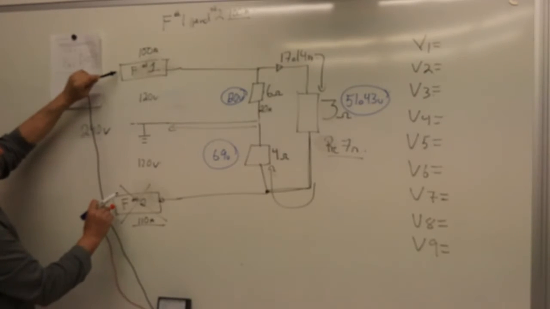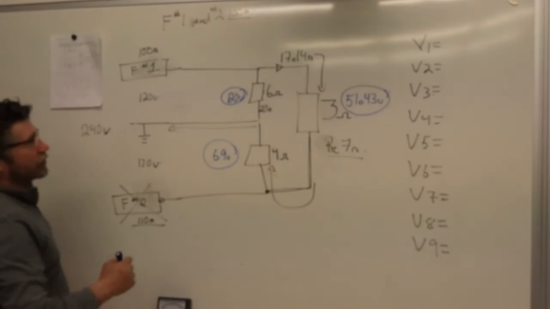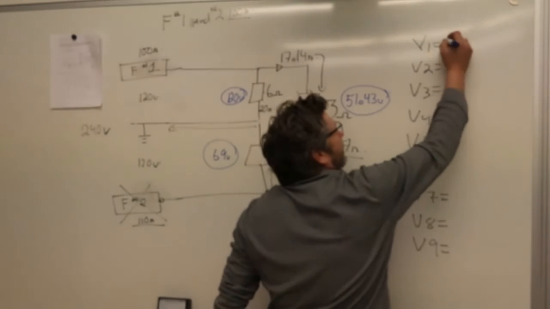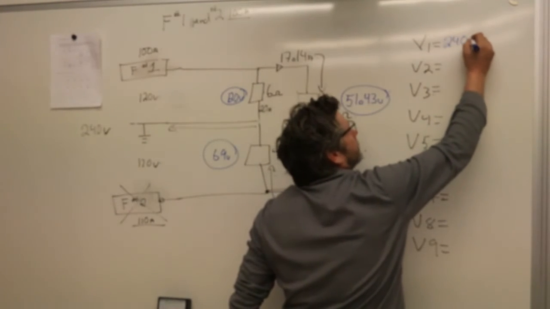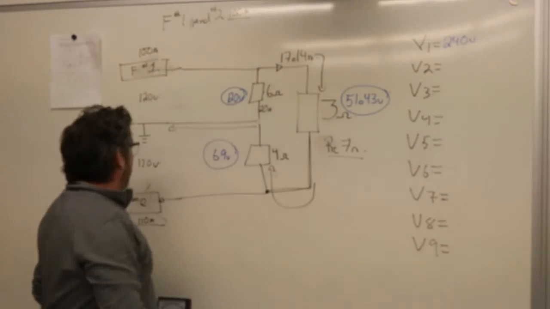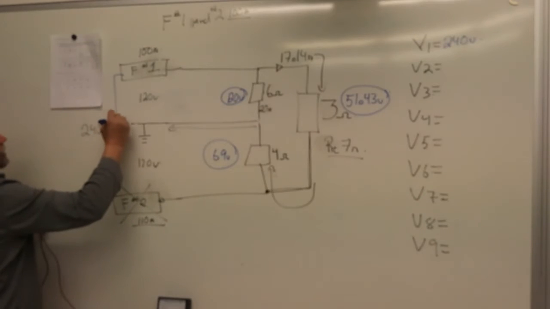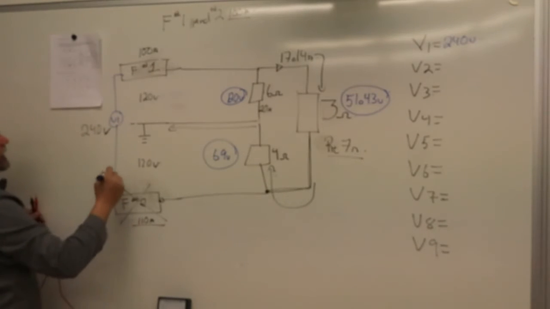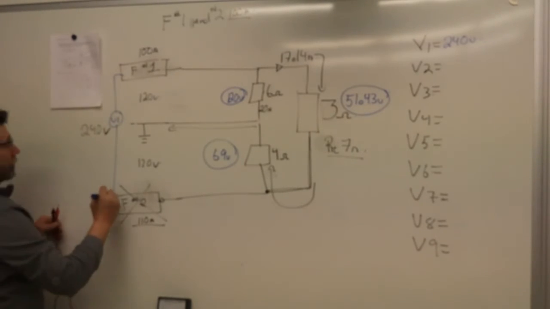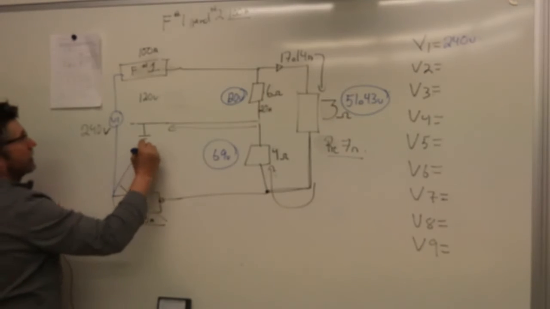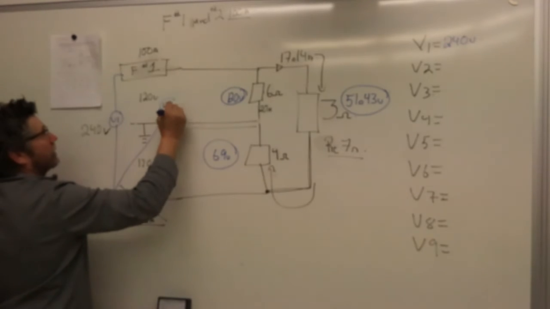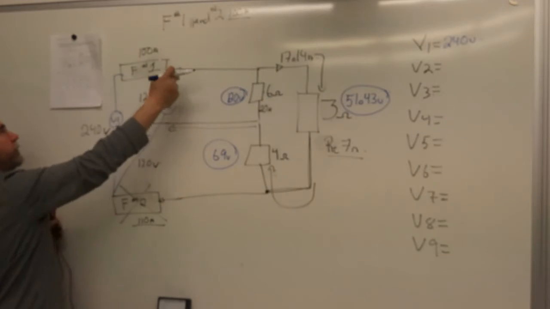So V1 is 240 volts. V2 goes from here to the other side of that fuse.